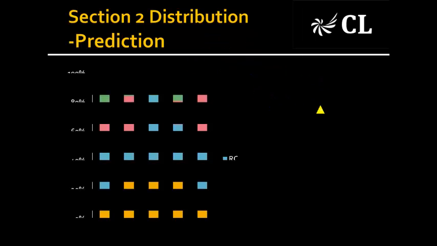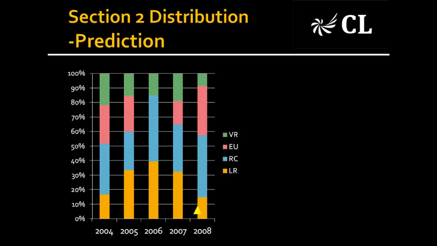So let's look at how 2004 to 2008 have been. If you look at reading comprehension, you would see that there is a significant number of questions from reading comprehension, barring probably 2005. So the number of reading comprehension questions has been significant. You also see verbal reasoning and English usage almost equally distributed.